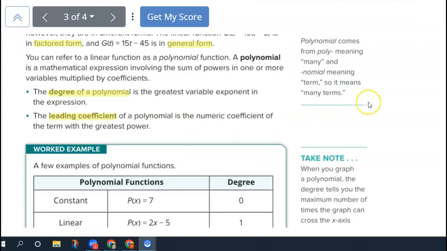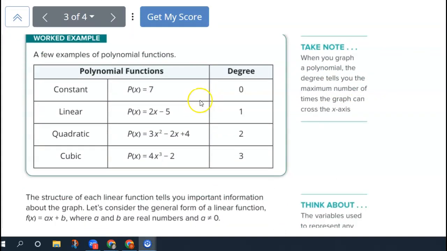Now, if you scroll down here, this just gives some examples. So these are all polynomials. This is a polynomial even though it only has one term. A monomial, or a polynomial with one term, is still a polynomial.